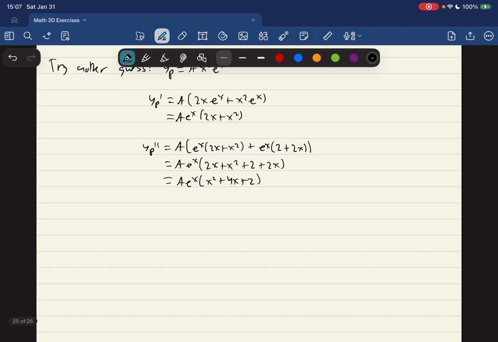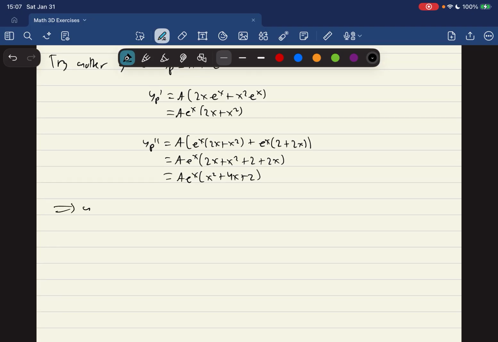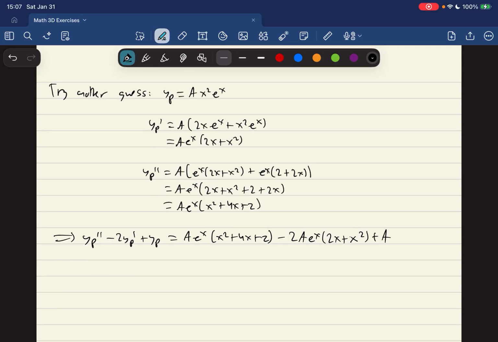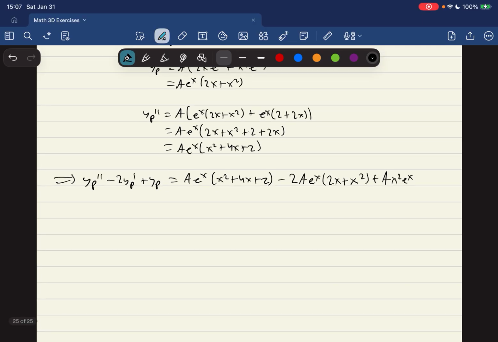And so now if we plug in y sub p double prime minus 2y sub p prime plus y sub p, this will give me a e to the x, x squared plus 4x plus 2, minus 2a e to the x, 2x plus x squared, and then plus y sub p, which is a x squared e to the x.